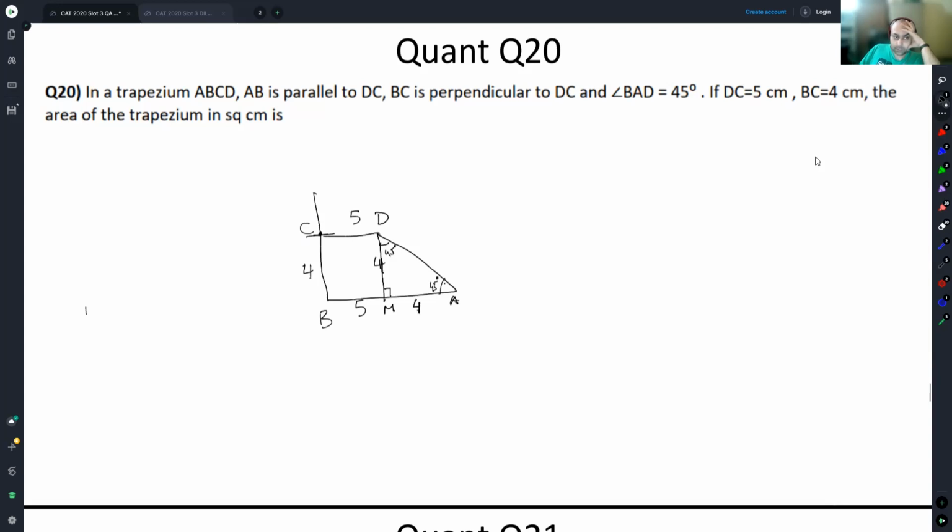So area of this trapezium is half into 4 into 14, or 28. Or of course you can do 5 into 4, 20 area here. 4 into 4, 16, half, 8 area here, 20 plus 8. In either case, you reach 28 as the answer.